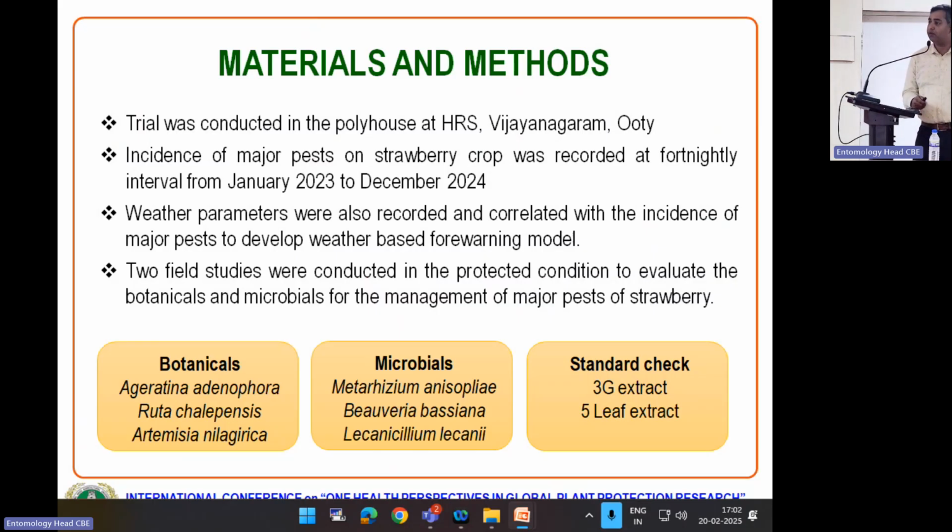These 3 are produced in the Nilgiris, and we have taken them for the evaluation study. The standard check, neem seed kernel extract and 5-leaf extract, was produced by the Organic Agriculture Department, from where we got it, and an untreated unsprayed check was also maintained for comparison.